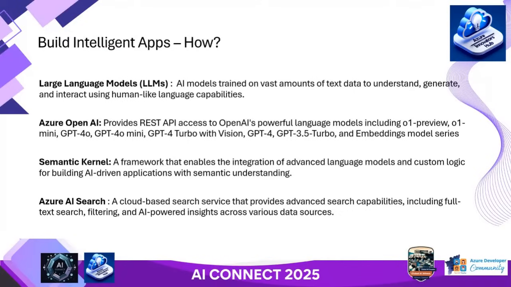Also, we're going to use Semantic Kernel, which is going to help you combine your AI models with your custom code. So it's going to be your go-to tool, framework in this case, to build smart applications that understand and use natural language effectively.